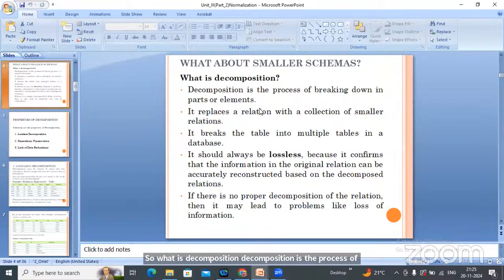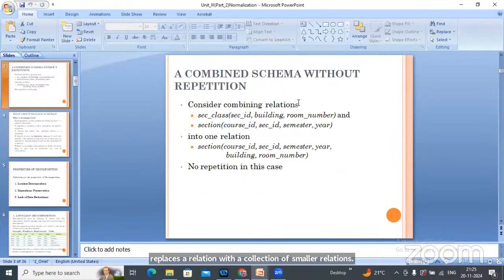It replaces a relation with a collection of smaller relations. So suppose this table is there.